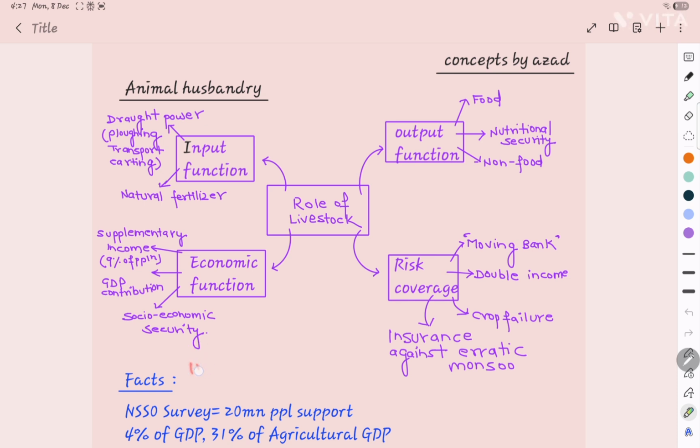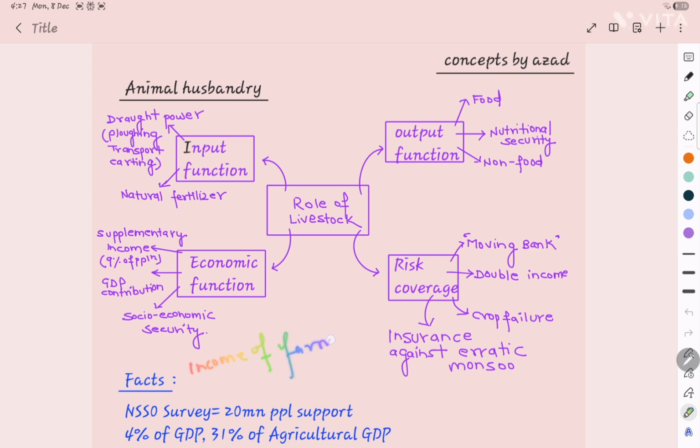So you get to know that it includes crops, it includes animal rearing, and it also includes fisheries.